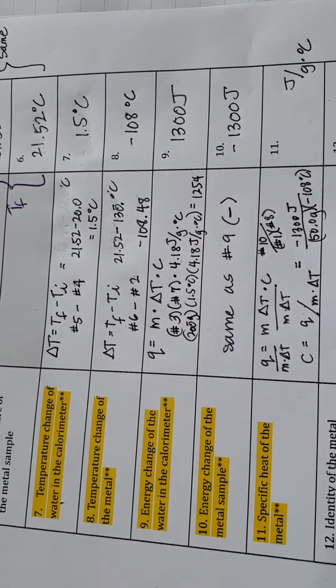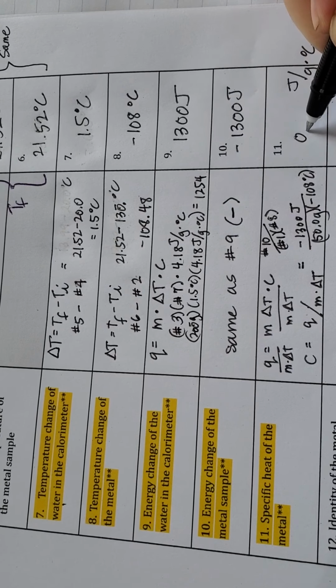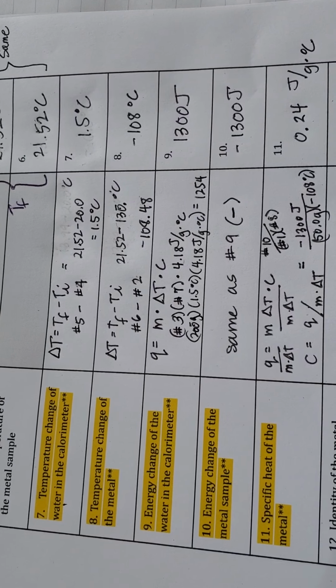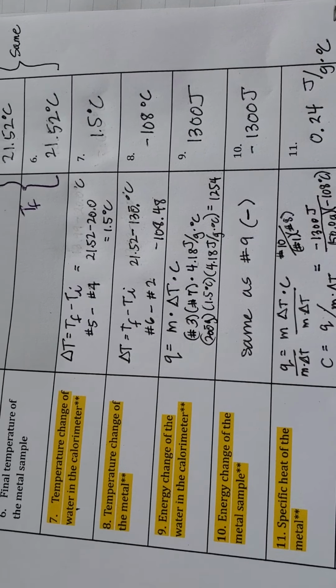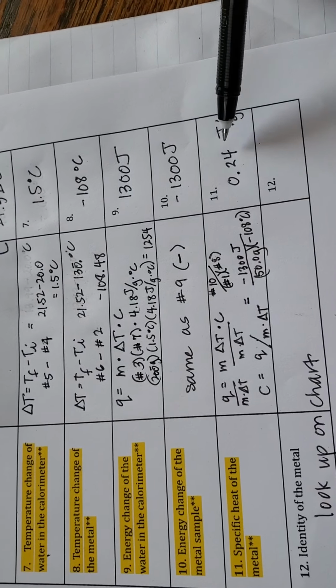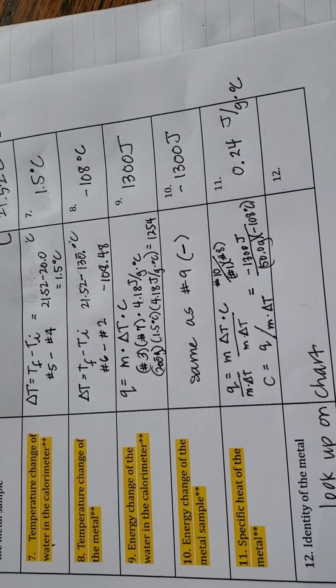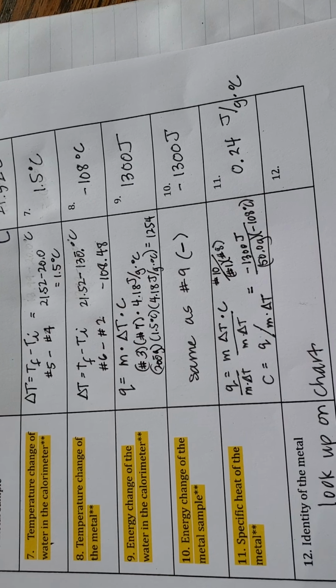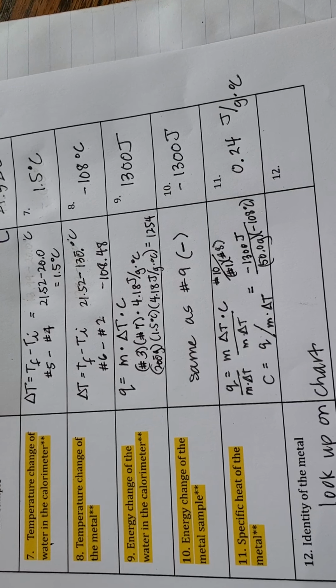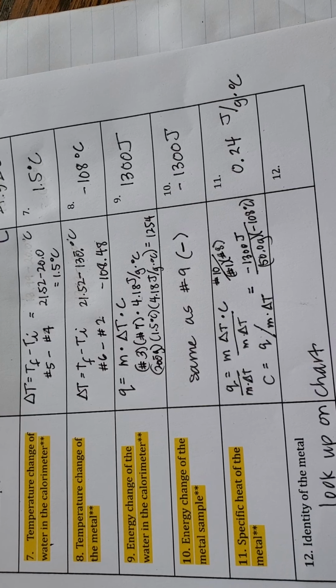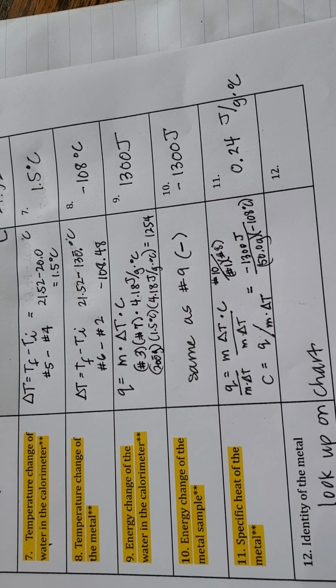All right, so it looks like I'm going to do 2 sig figs, so 0.24 is what I'm getting. Okay, so then what you're going to do is take this value, and there is a chart on the lab that has you look up the values for the specific heat.